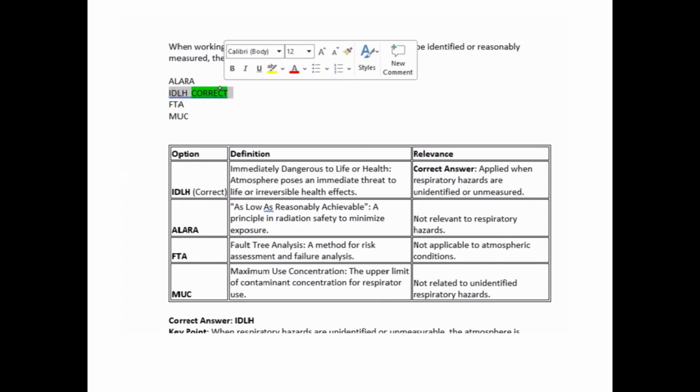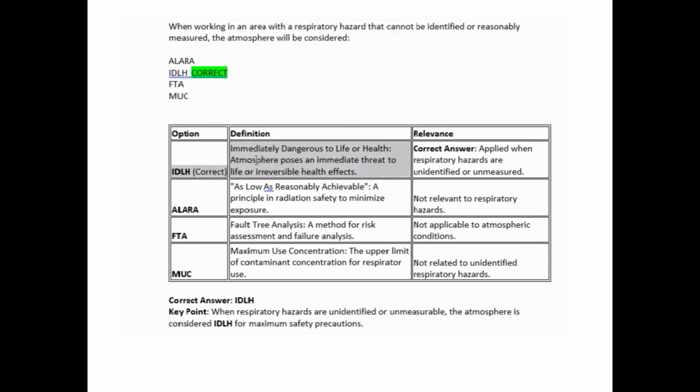If you don't have any measurement, if you don't know what gas is present or how much, you will consider that area as IDLH, immediately dangerous to life and health. That is the most dangerous category. The definition: an atmosphere that poses an immediate threat to life or irreversible health effects. That is the most severe. If you don't know, you classify it as IDLH.